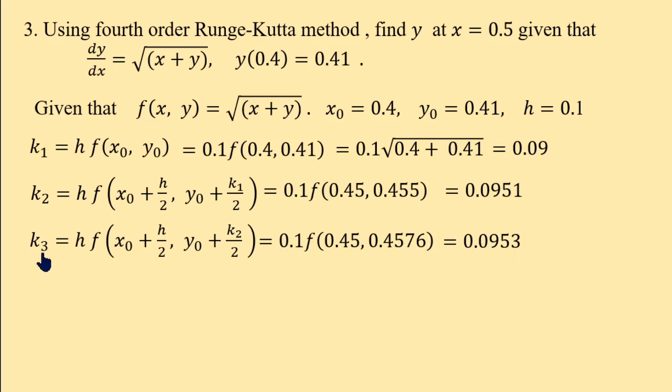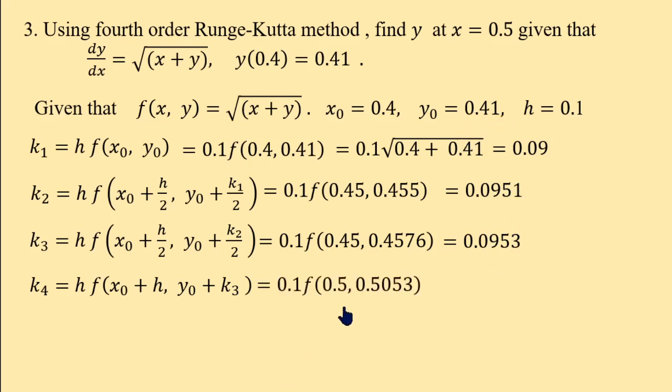So that value is 0.0953, that is k3. The k4 value is h into f of x0 plus h, comma y0 plus k3. h is 0.1, x0 plus h, 0.4 plus 0.1, that is 0.5, f of 0.5, comma y0 plus k3. k3 is here, add 0.41. So that is the y value and hence it is 0.1, f of 0.5, comma 0.5053.